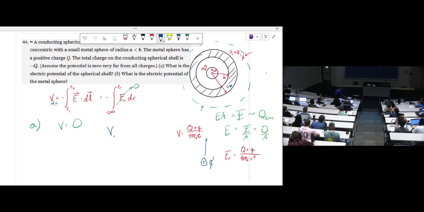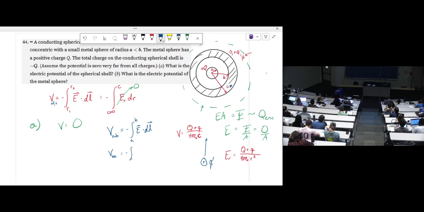So VAB, the electric potential between points A and B, is minus the integral from A to B of E dot dl. So where you're going with this is, okay, what's the voltage, the electric potential between points B and A, right?